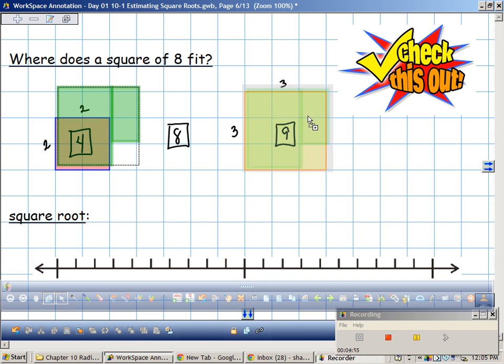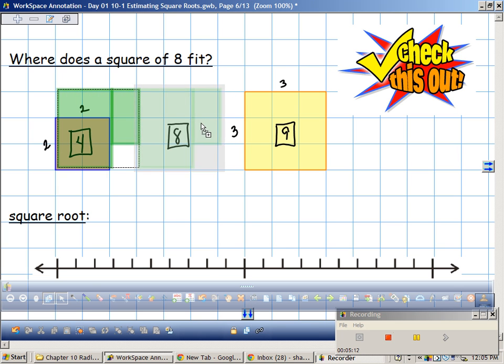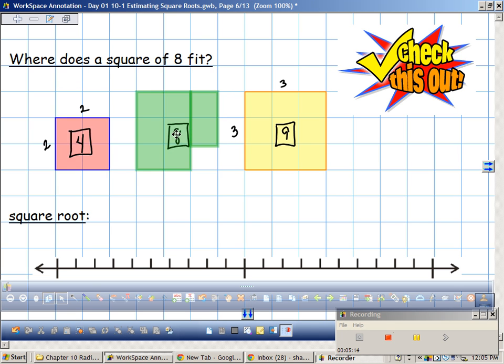Why this one? 8 can fit in 9. It only takes one more square. We'd only have to add one more square. What about over here? It's more by how much? 1, 2, 3, 4.